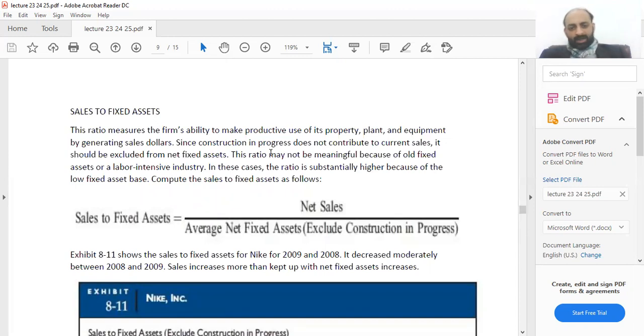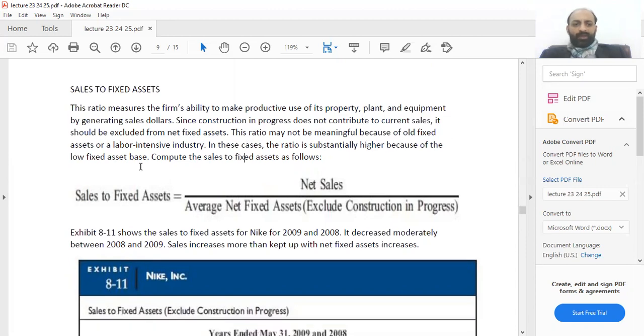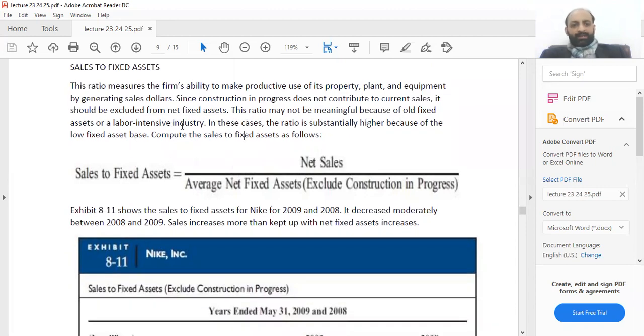So construction in progress is not a contributing asset towards any company, or you can also say that it is not an operating asset. It should be excluded from the net fixed assets. This ratio may not be meaningful because of old fixed assets or a labor intensive industry. In these cases, the ratio is substantially higher because of the lower fixed asset base.